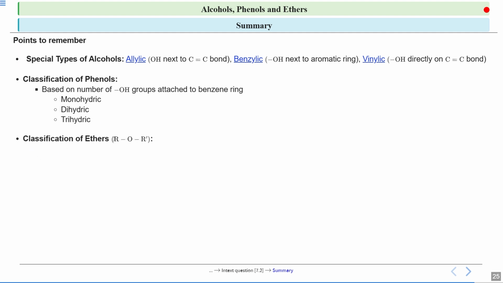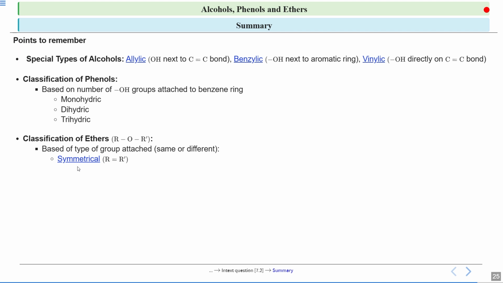Then we have seen the classification of ethers. The general formula for ethers is ROR. R and R prime may or may not be the same. The classification of ethers is based on the type of group attached, whether they are the same or different. We are talking about alkyl or aryl groups, that is this R group. They are classified as symmetrical if the groups present on both sides of oxygen are the same, that is, R equals R prime.